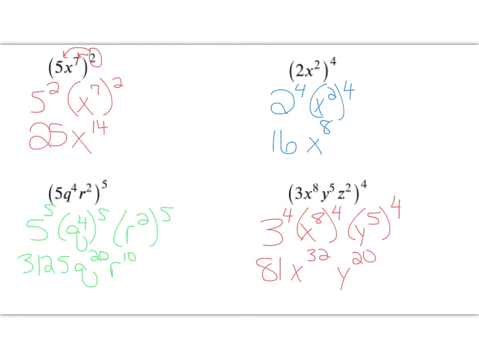Y to the 5th is going to be raised to the 4th, which is going to give us y to the 20th. And finally, tell me what the exponent for z is going to be after you simplify. It's z to the 8th. So my final answer is 81 x to the 32nd power times y to the 20th power times z to the 8th power.